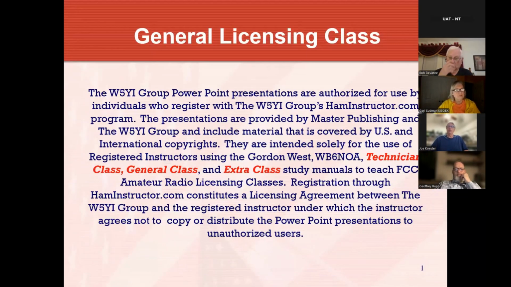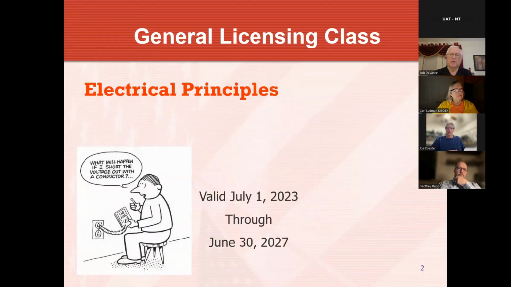Okay, this is the little introductory thing that Gordon West has done in conjunction with the W5YI group with whom he works. And as I said, this is made available to us who are registered instructors with them. You might remember that this particular license manual is good through June 30th, 2027, at which time the questions will be shuffled and revised and added or changed.